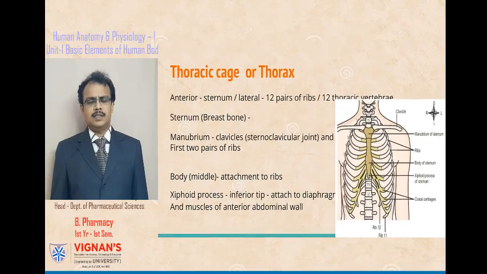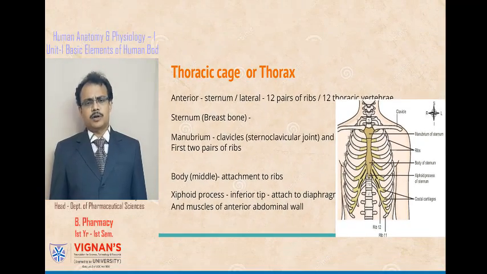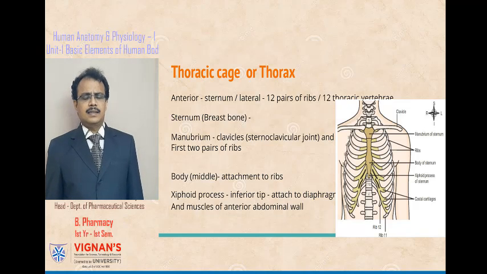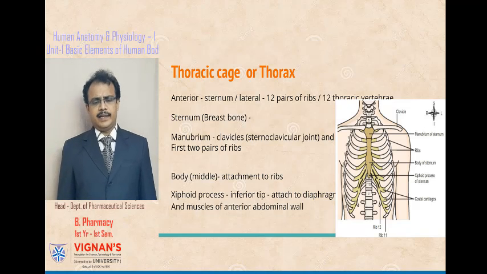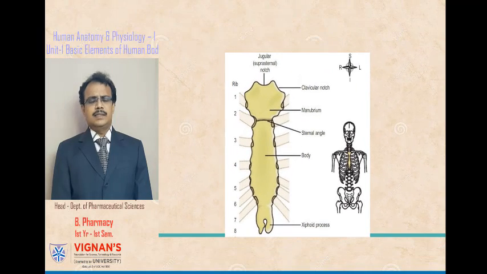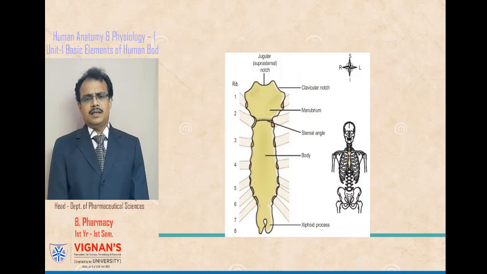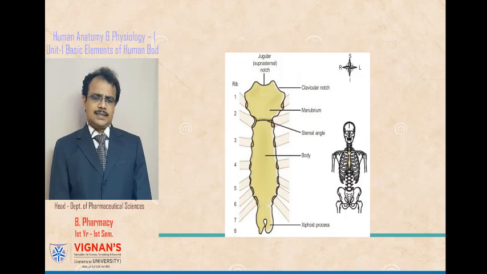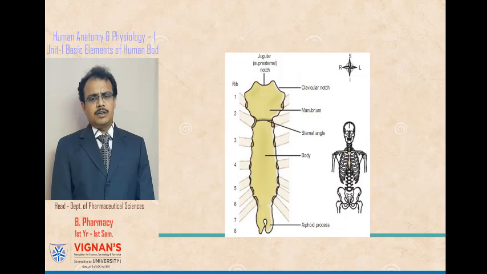Now let's see about the other bones of the axial skeleton, that is the thoracic cage. This thoracic cage consists of one sternum and 12 pairs of ribs. The sternum is a flat bone which can be felt under the skin in front of the chest, just in the middle of the chest.